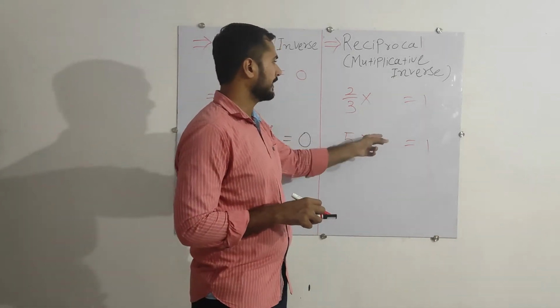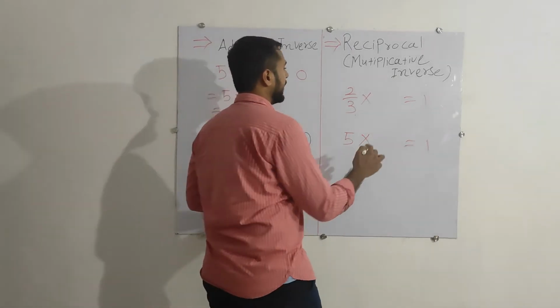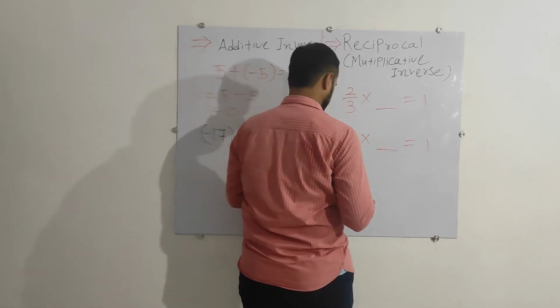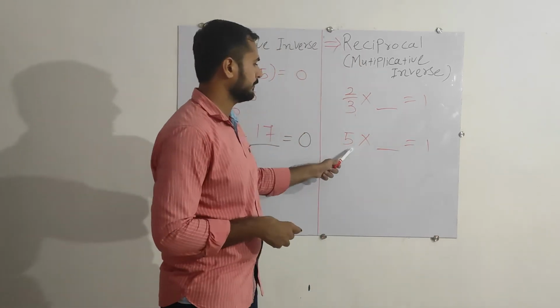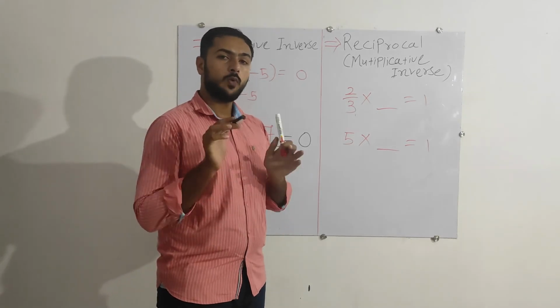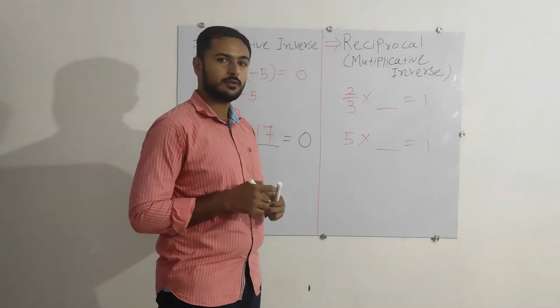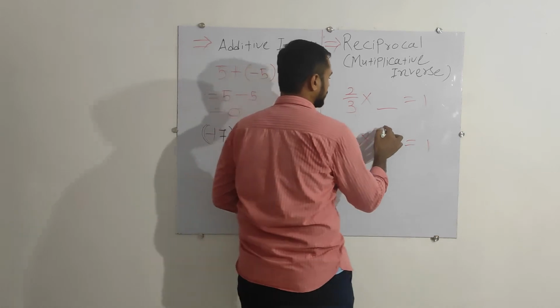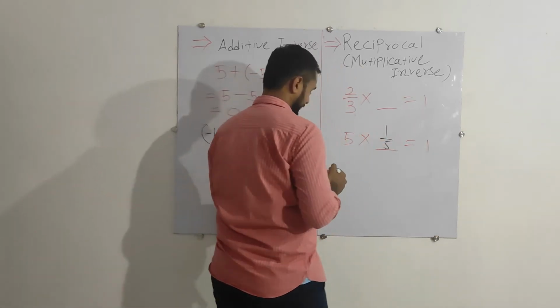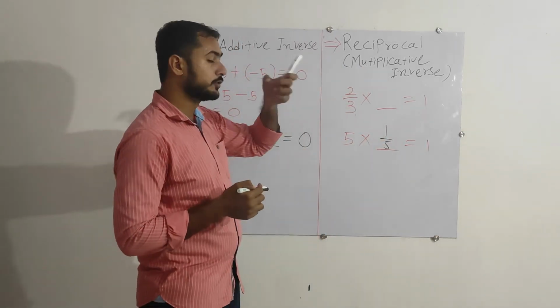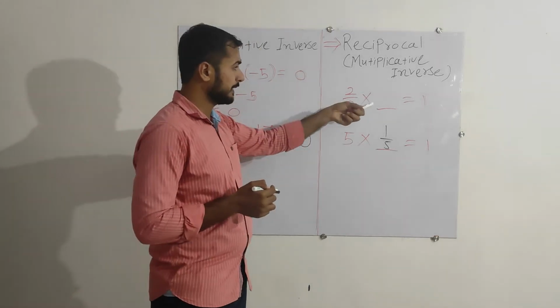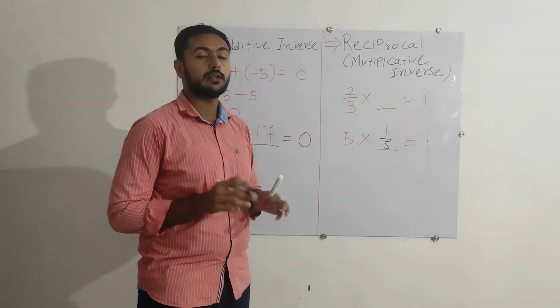So what should I multiply with both these numbers to get the answer 1? First, let's start with the number 5. What should I multiply with 5 to get 1? Simply 1 by 5. And in 2 by 3, what should I multiply to get 1?